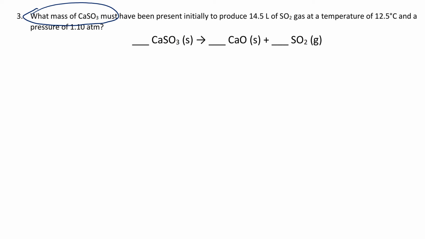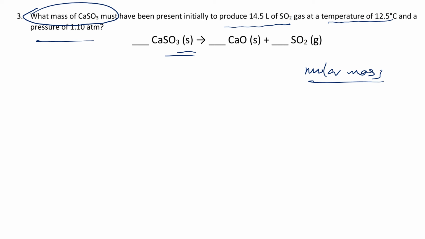So I need a mass of this solid, so I'm going to have to use a molar mass somewhere. However, I give you enough information right here. So to produce 14.5 liters of sulfur dioxide gas at a temperature and a pressure, this gives me a volume, a temperature, and then my pressure.